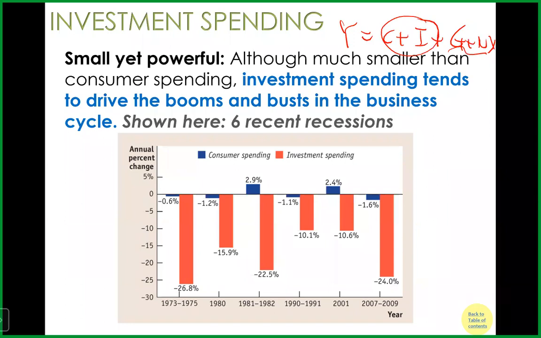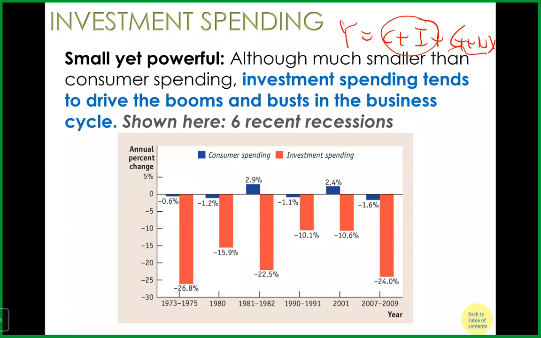We have just looked at C, and next we are going to look at I. In terms of absolute value, I is much smaller compared to C. Like I said, C is almost 70% of the total GDP, and I is usually between 10 and 20%. It's much smaller.